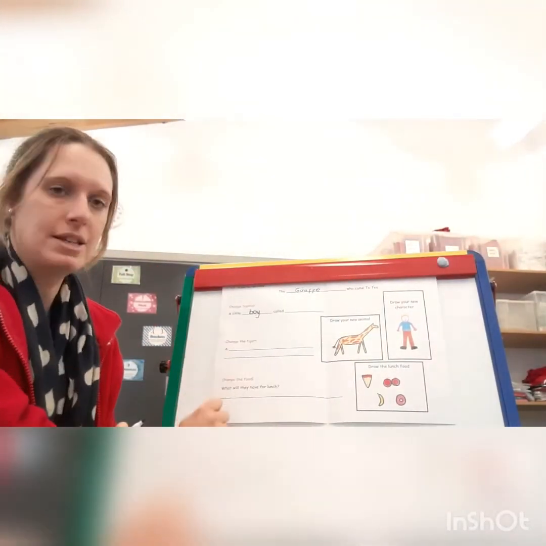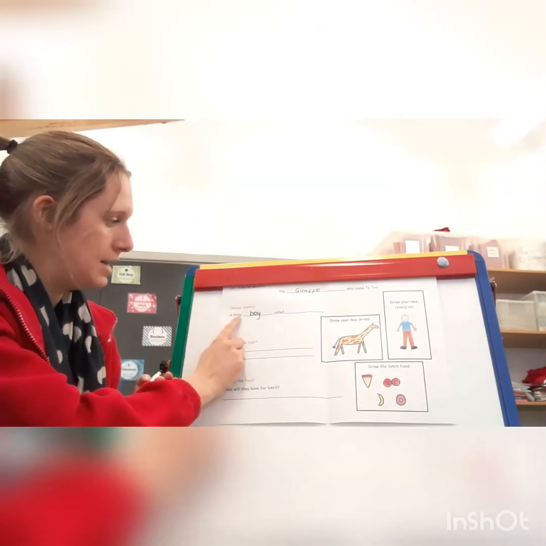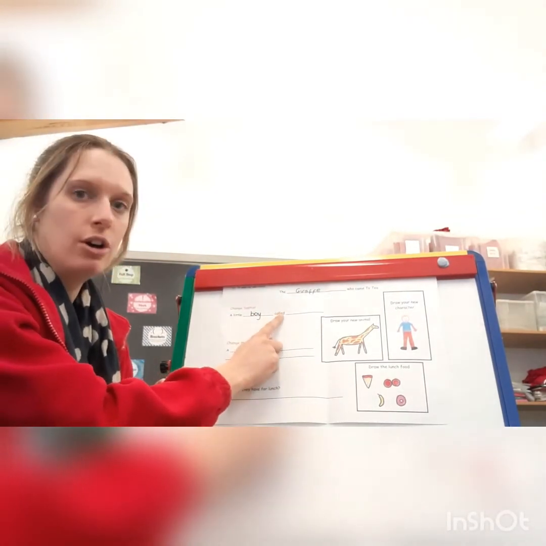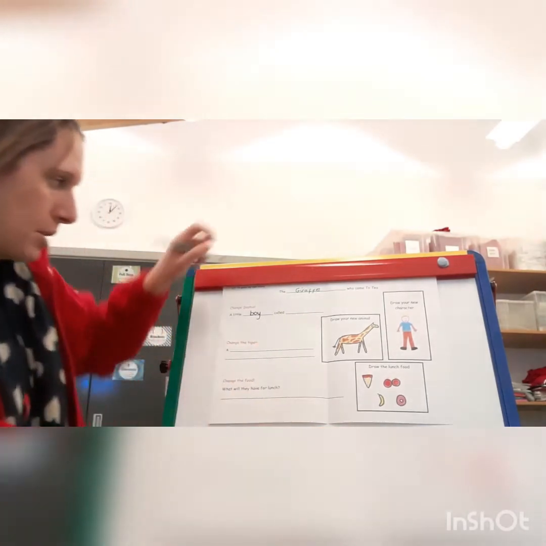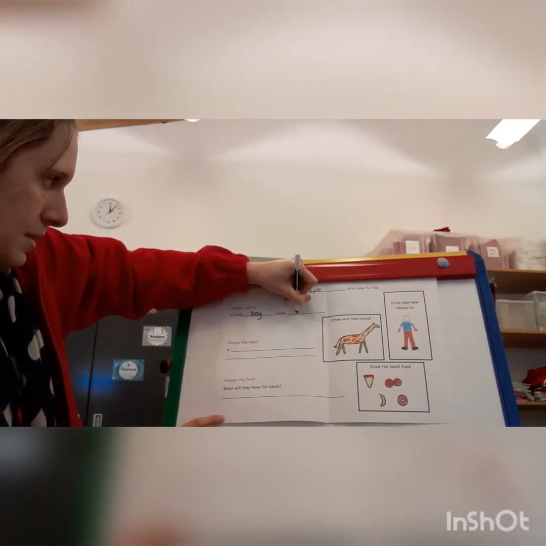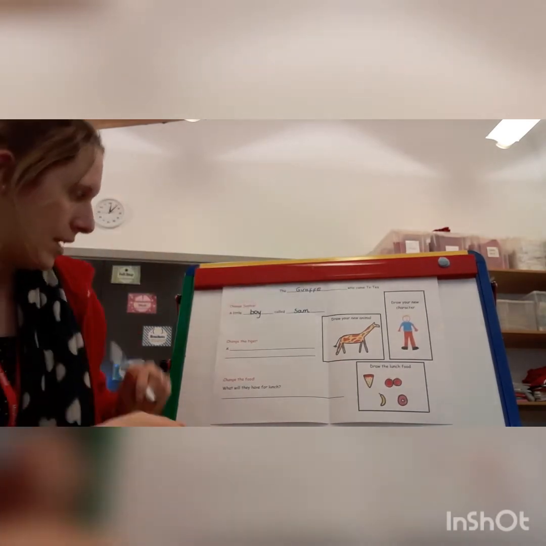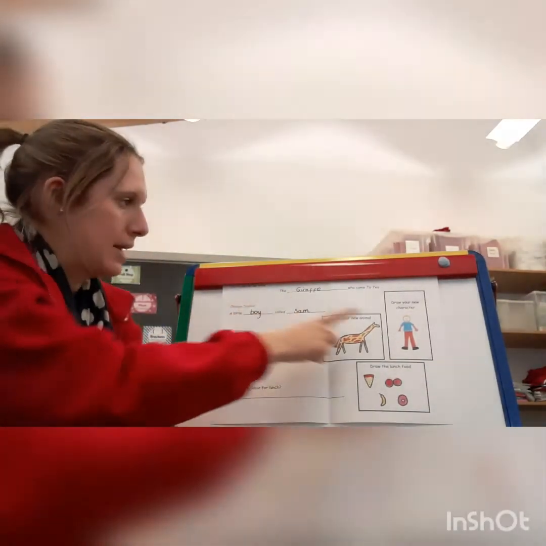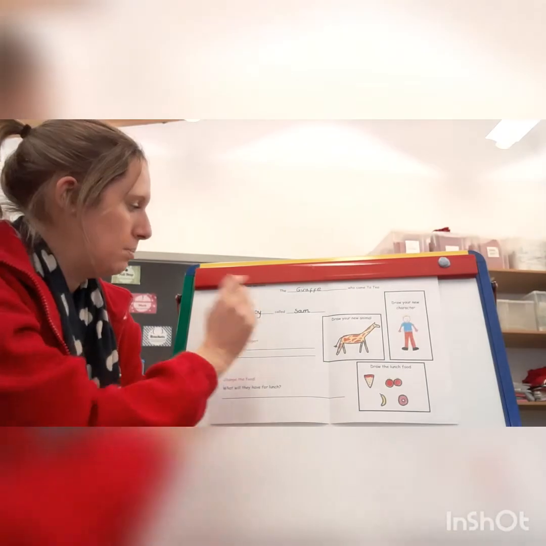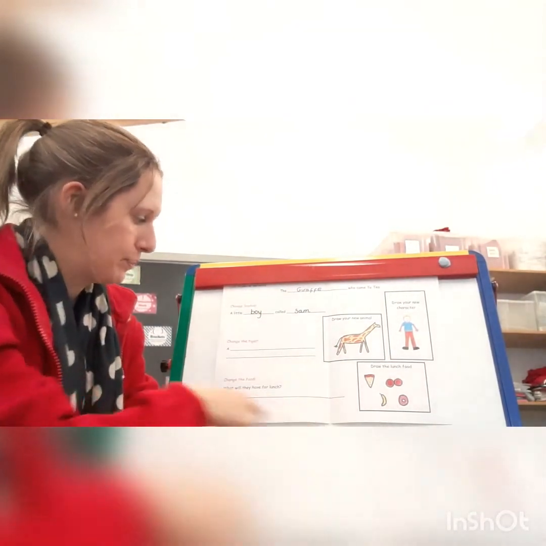Sophie is now, in my story, a little boy called Sam. So I'm going to write Sam on there. Okay, so now my character is a little boy called Sam.